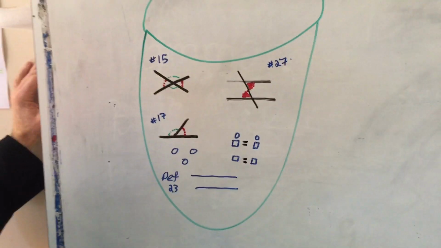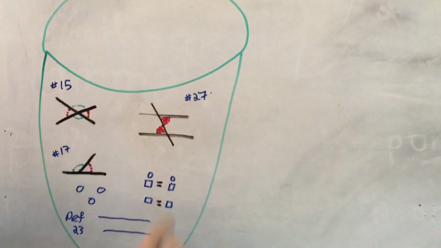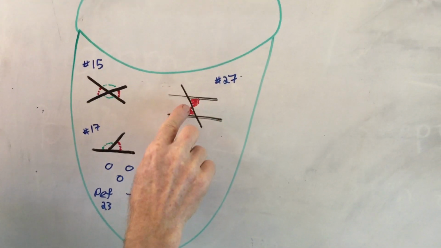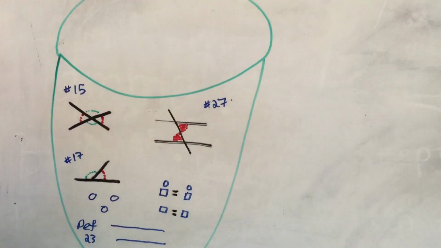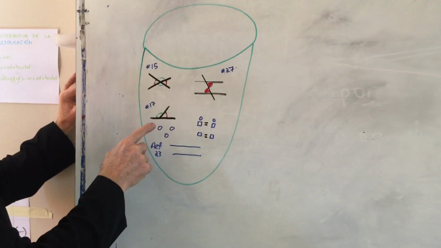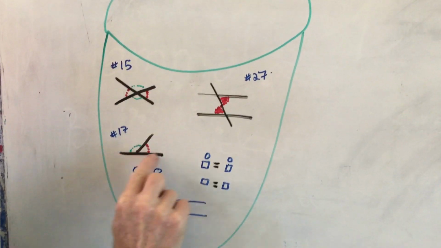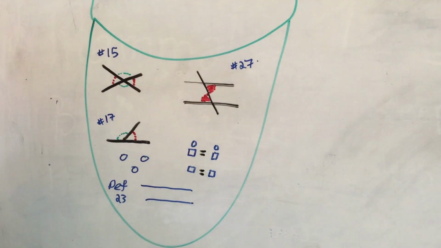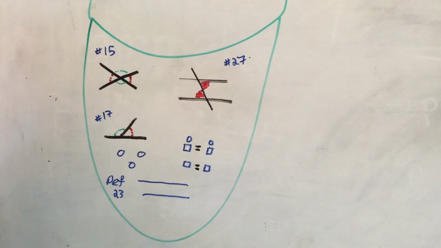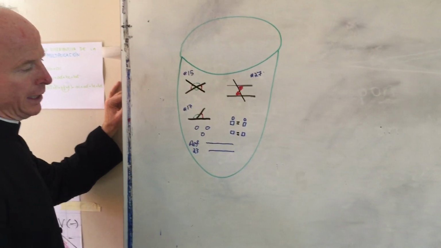Then we're going to use the previous prop, Proposition 27, which states if there's two straight lines and a straight line falling upon them, the alternate interior angles are equal to one another. And then we're going to use Proposition 17, which states if there be a straight line falling upon a straight line creating adjacent angles, those adjacent angles are either actually two right angles or equal to two right angles.